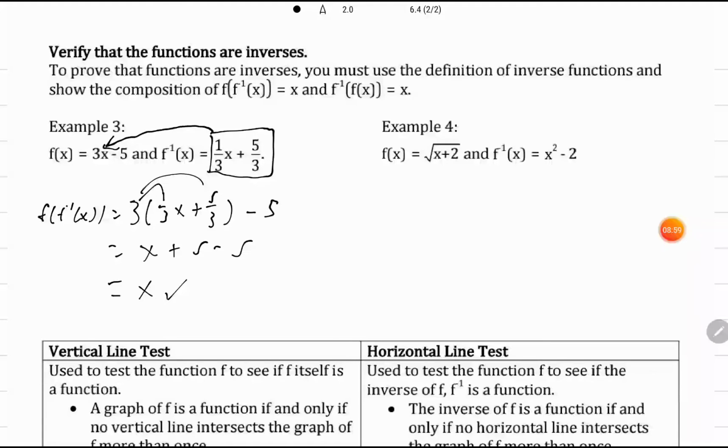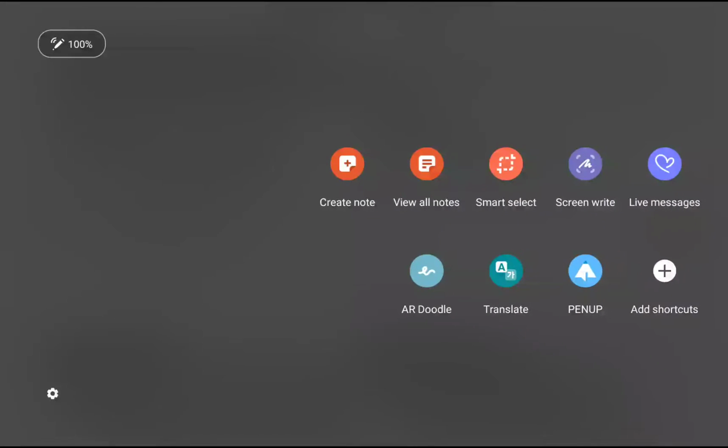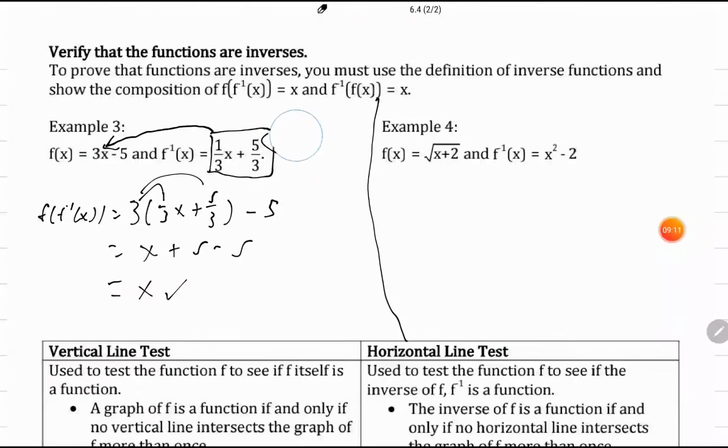So that works. But now I need to do the other one. I'm going to erase this bit and go the other way. Now I'm going to put this into there. So this is f inverse of f of x.